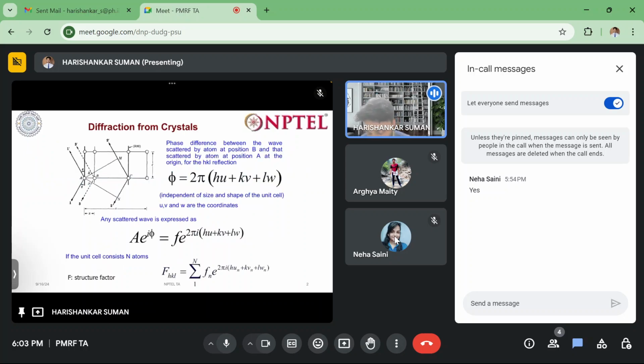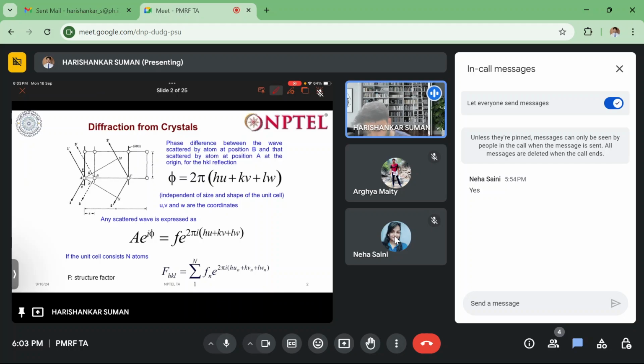First, let's understand the structure factor. The phase difference between two waves: let's say there is diffraction from a crystal.